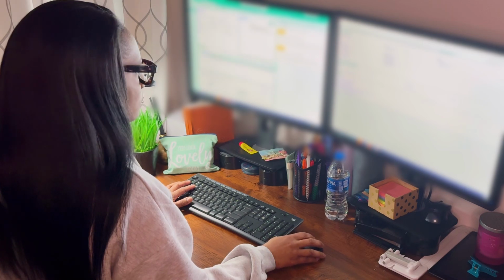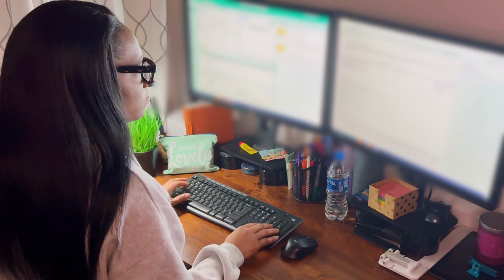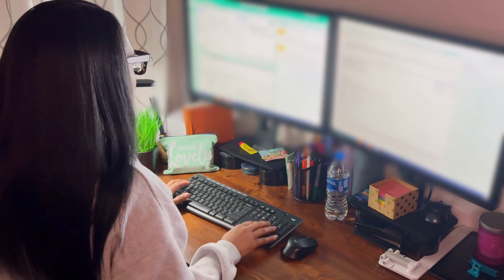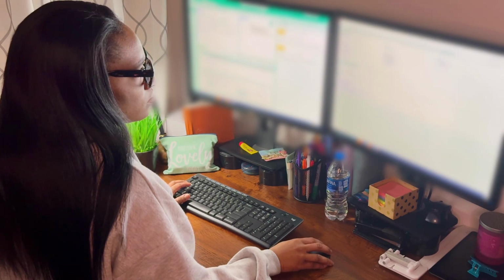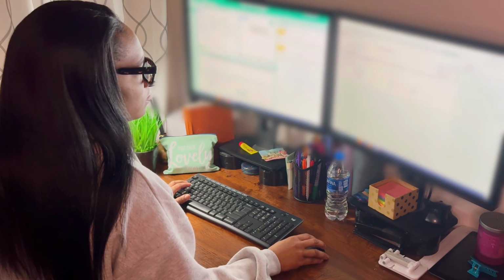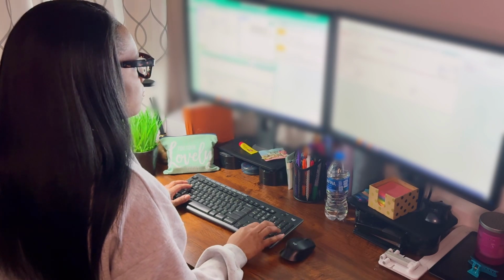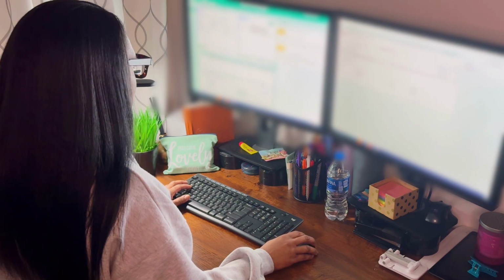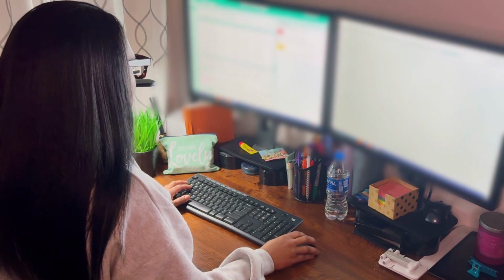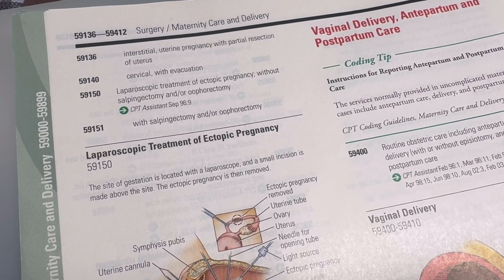So for my CPT code, which is the surgery code, this was done laparoscopically. So they went in through the abdomen with scopes. They didn't cut her open like it was a C-section. They went in laparoscopically, and that's going to be the 59151. And we're using the code that says with salpingectomy and or oophorectomy.